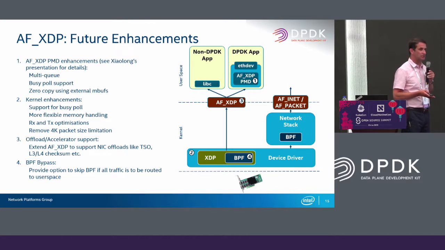It doesn't provide any support for any accelerators. There's a lot of work to do in the kernel community to agree the mechanism for introducing those to AF_XDP. And the last thing that we're looking at is a BPF bypass. At the moment, you have to have a BPF filter running here. But if you just want to pass all your traffic to user space, you don't need that. That's unnecessary overhead. So we're looking at, is there a way we can bypass that, make that more efficient?